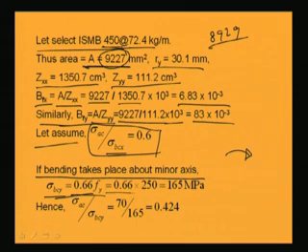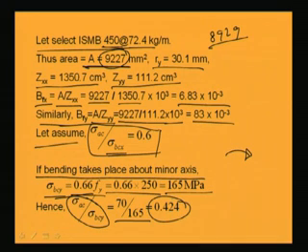So 0.66 into 250 will be 165 MPa. So sigma AC by sigma BCY will become 70 by 165, which is 0.424. These are the two ratios we have: sigma AC by sigma BCX is 0.6, and sigma AC by sigma BCY is 0.424.